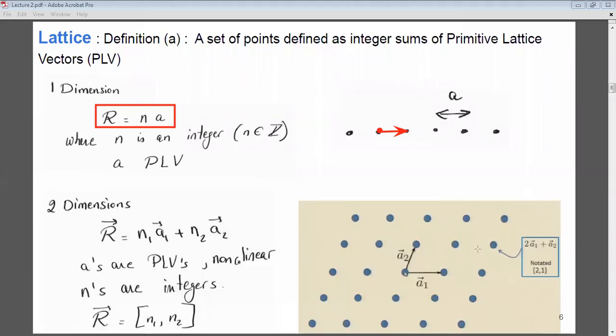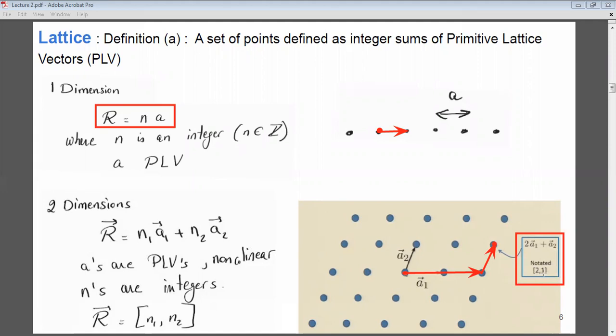Let's focus here on this lattice, and let's assume that this point over here is the center. If we take A1 and A2 to be the primitive lattice vectors, then to reach any point, let's say we want to reach this point over here, we have to go 2 times A1 plus 1 times A2, or we can refer to this point as (2, 1).